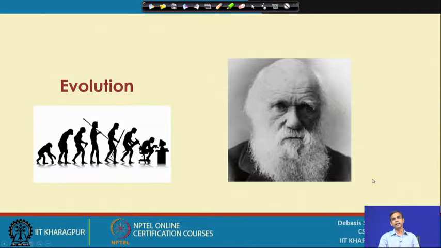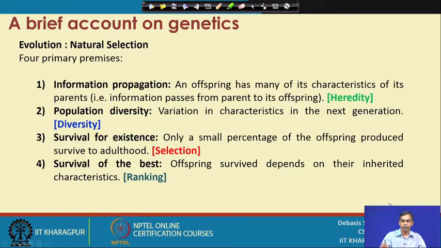Now, this is the genetics which Gregor Johann Mendel first proposed, how reproduction works, and every reproduction produces a unique element. Next, evolution is basically improvement from one level to another. Regarding evolution, Charles Darwin is the forefather of this work. He proposed four concepts: heredity, diversity, selection and ranking.